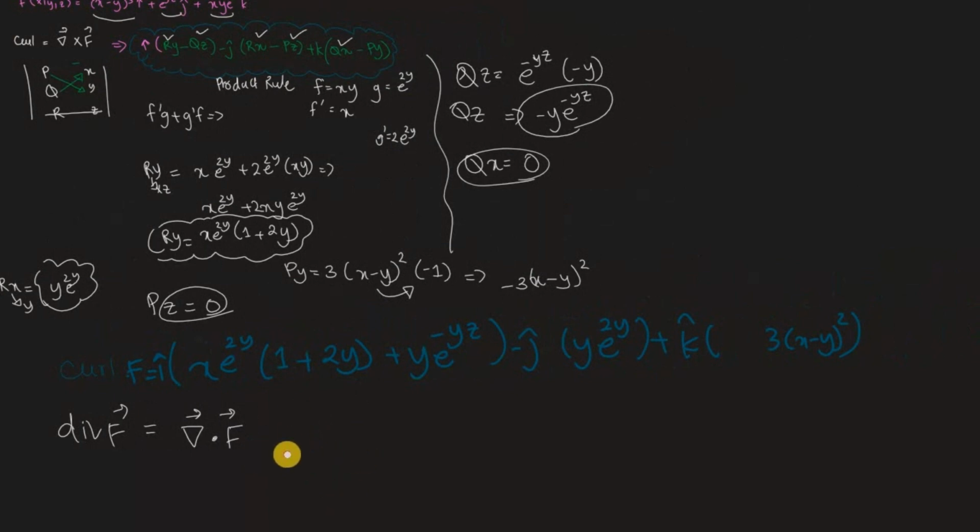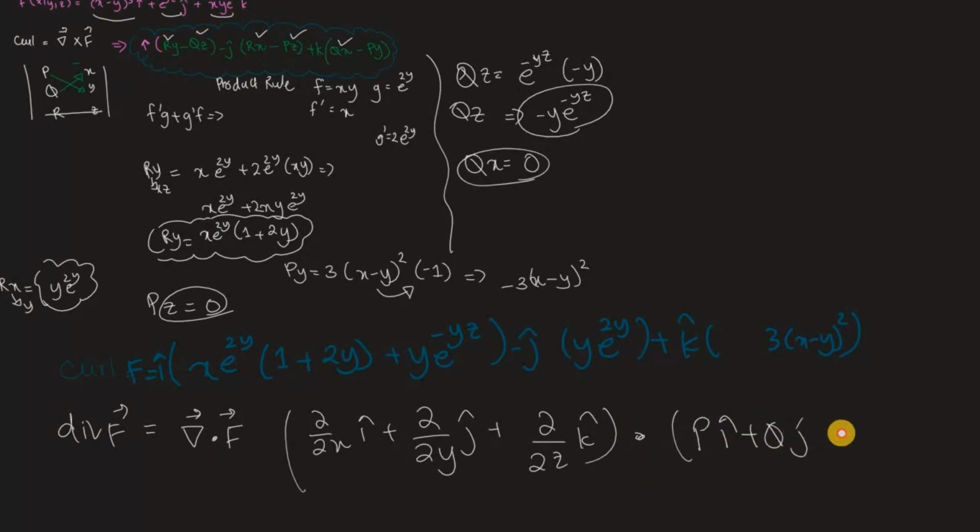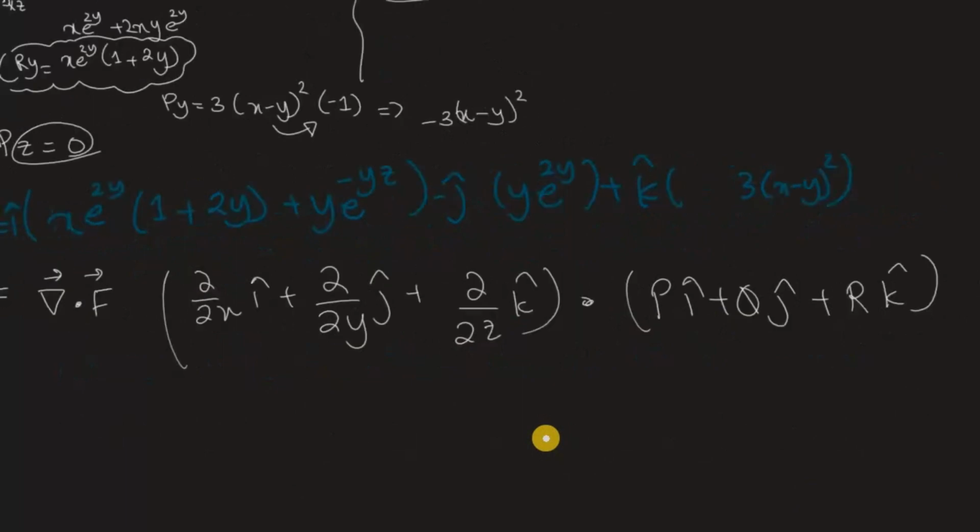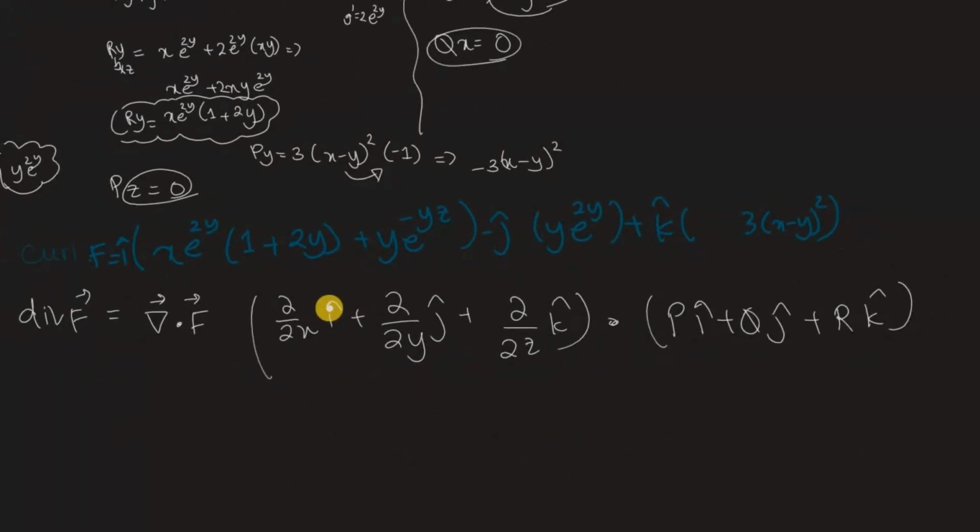Okay, so the gradient, you guys remember, it's nothing but simply the partial derivative with respect to x, i hat, and partial derivative with respect to y, j hat, and then partial derivative with respect to z, k hat. And then dot product it with the function p, q, and r. So p i hat, q j hat, r k hat. Now I hope you guys remember doing the dot product. The dot product is simply the i component times the i component, the j component times the j component, and the k component times the k component.